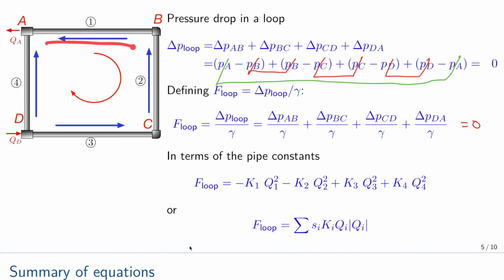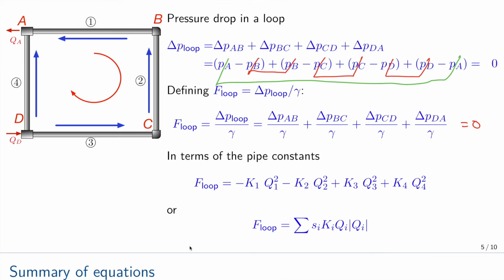I'm going in this direction, so the direction of the loop is in red. But if I'm taking the equation from this point to this point, and assuming that the flow is to the left, the equation should be negative, because the drop of pressure should be in the opposite direction. It's higher pressure here than there. That's why we have to include this negative sign.